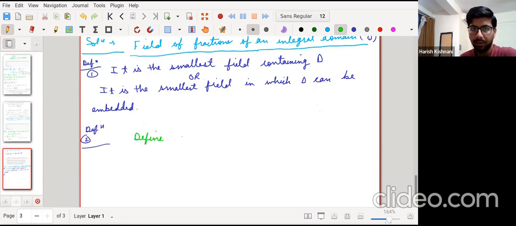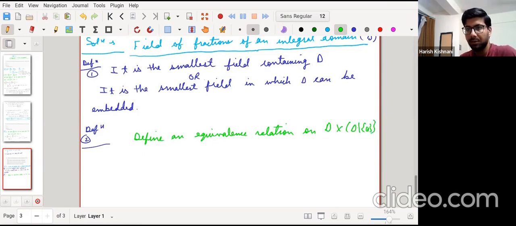Define an equivalence relation on the set D cross D minus 0, in the following way.